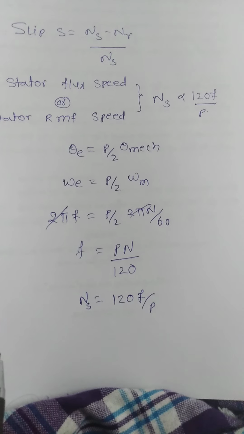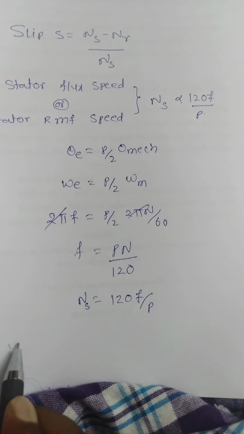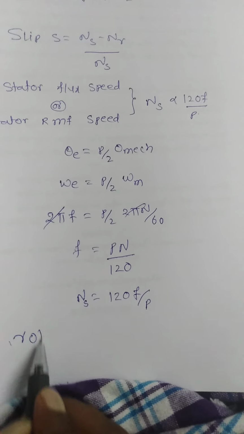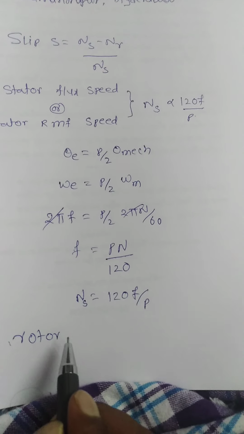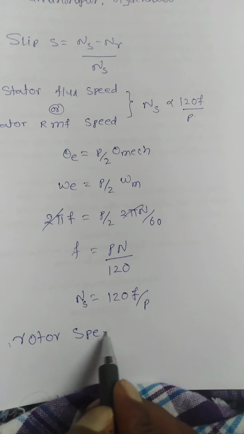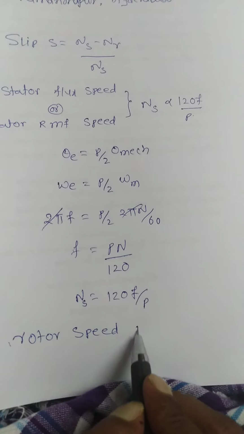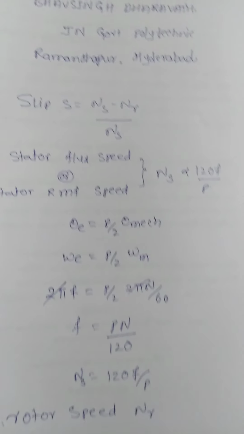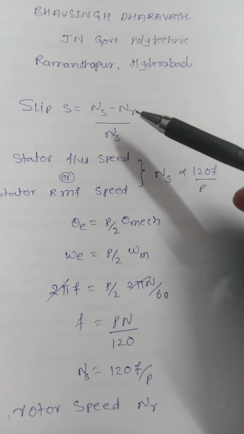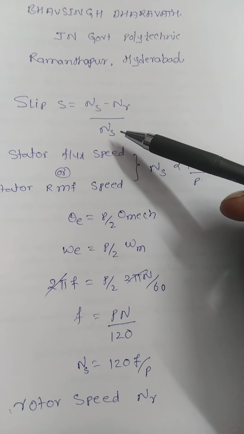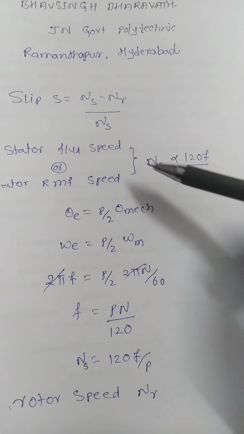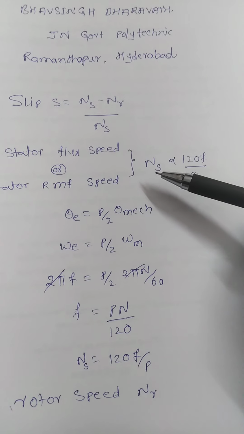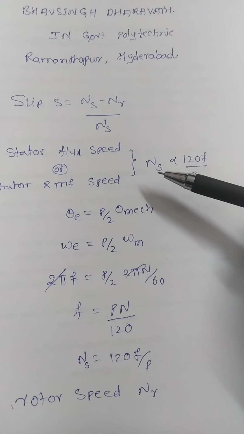And nr is the rotor speed. So slip is ns minus nr by ns. Here ns is the stator flux speed or stator rotating magnetic field speed.